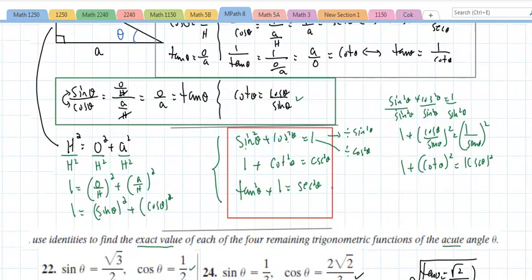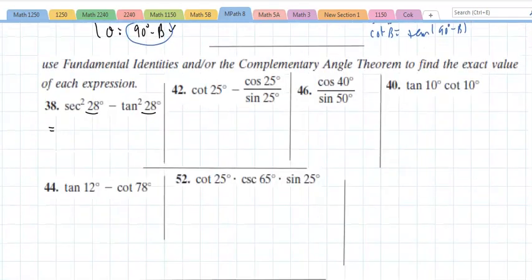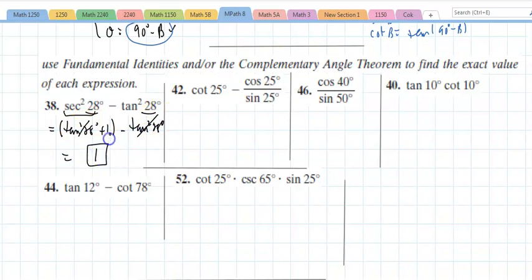I notice they're squares. So I notice the secant squared of theta is tangent squared of theta plus 1. So I could replace the secant squared by tangent squared of that angle plus 1 minus tangent squared of 28 degrees, and those cancel out and I'm left with a 1.